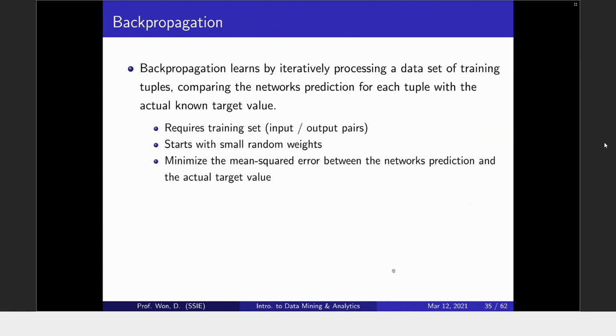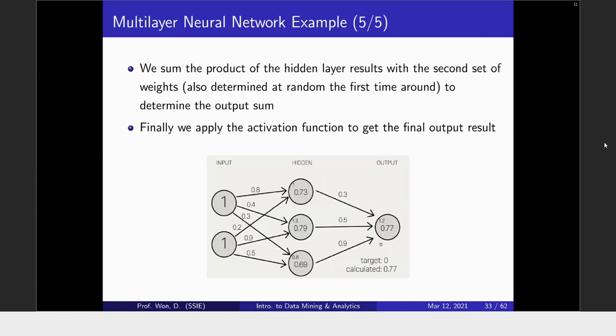Then, what is backpropagation? Backpropagation learns by iteratively processing a data set of training tuples, comparing the network's prediction for each tuple with the actual known target. Simply speaking, we calculate the difference. For example, 0.77 minus 0, what is the gap? 0.77, but sometimes we might end up with a negative value.